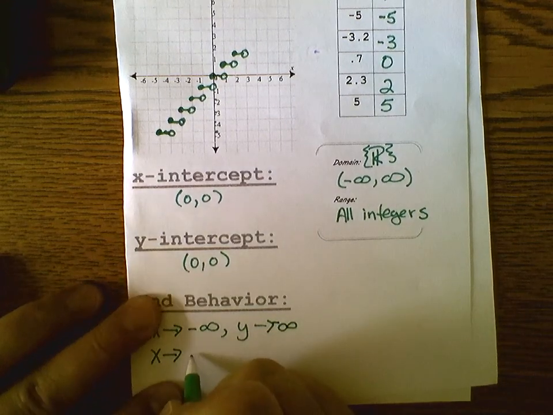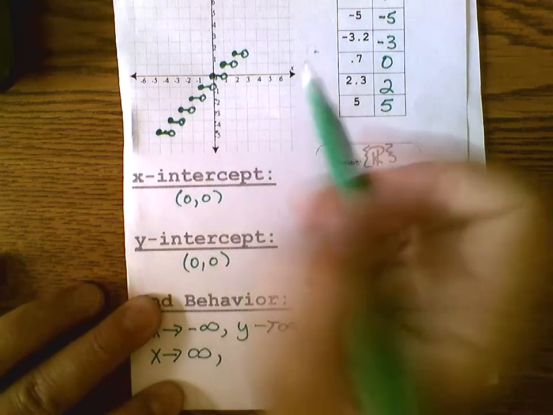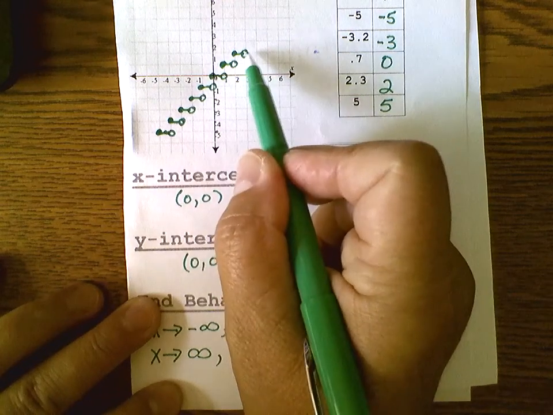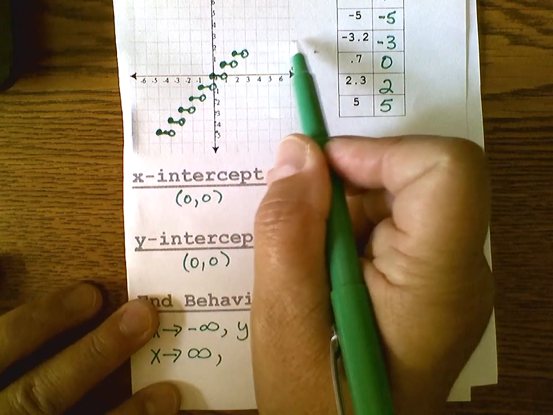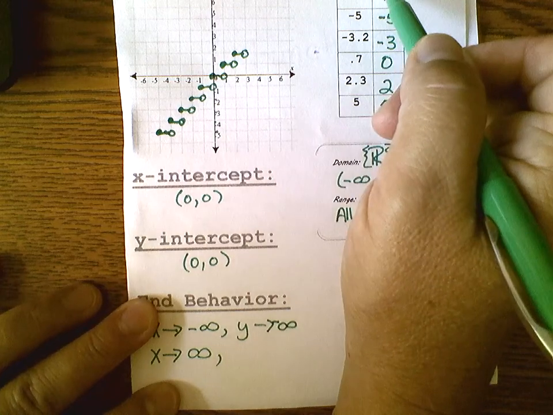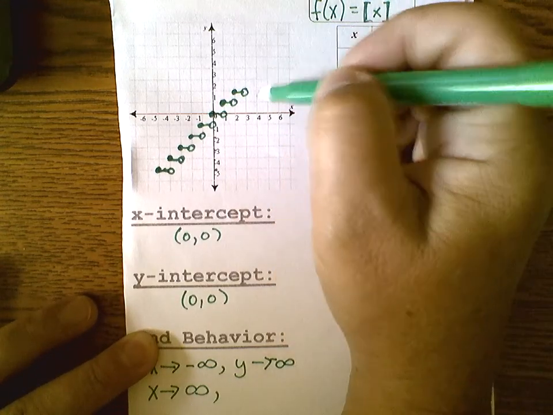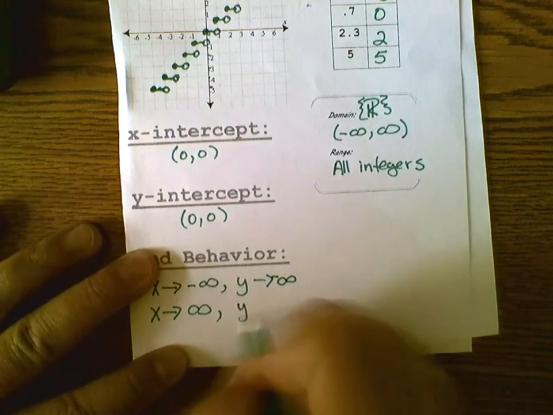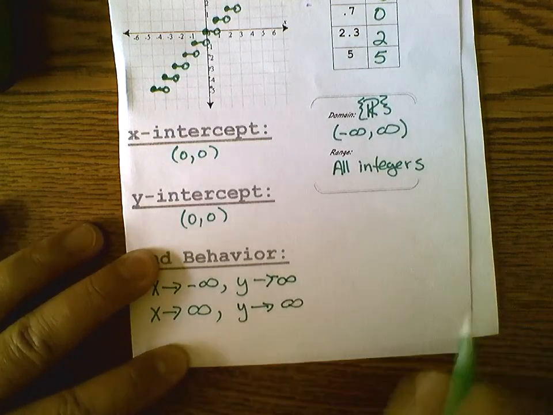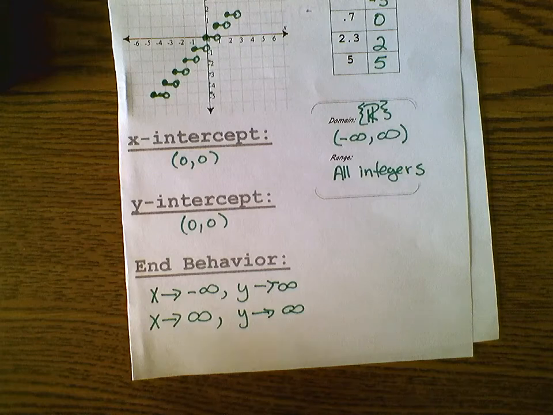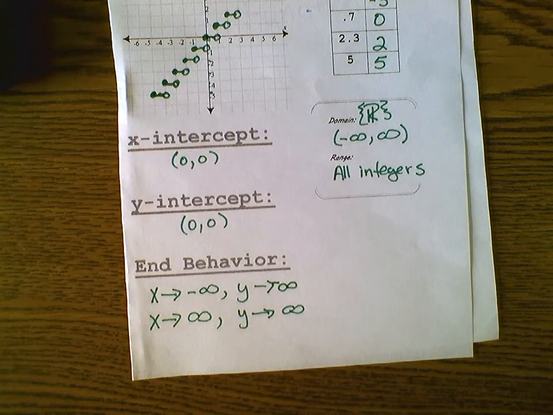What is x doing as far as going to +infinity? Well, even though I quit graphing, it does keep going. We can keep plugging in x's. So it does keep going to +infinity, and y also keeps going towards +infinity. And now we have a full booklet of our parent functions.